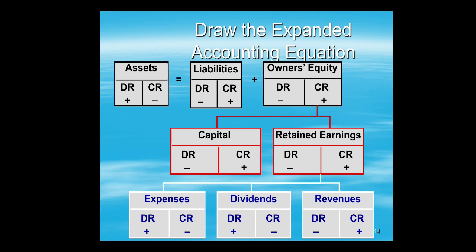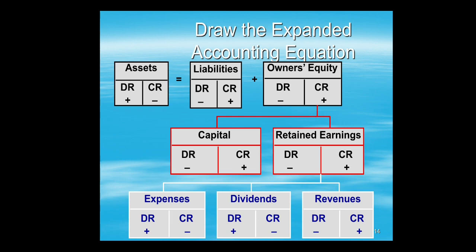If the business makes profit, then the profit belongs to, or is owned by, the owner of the business. So if a business makes profit, the owner's equity will increase. But if the business is making loss, the owner's equity will decrease.